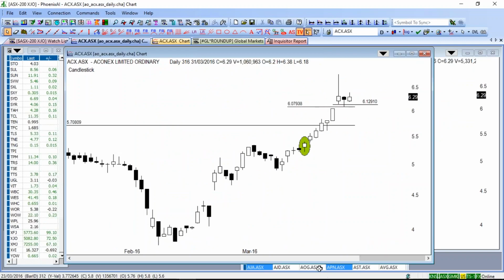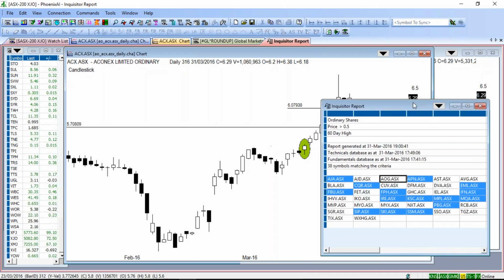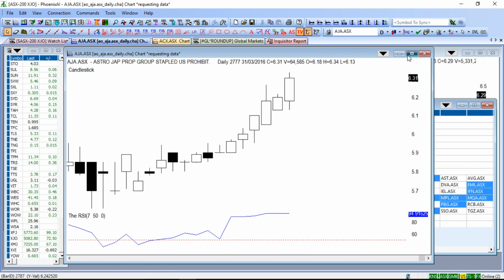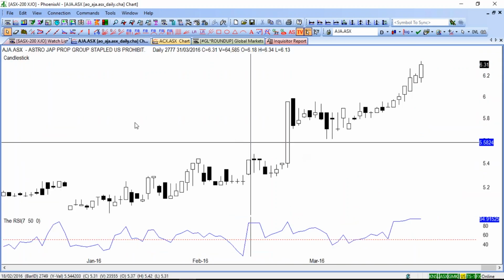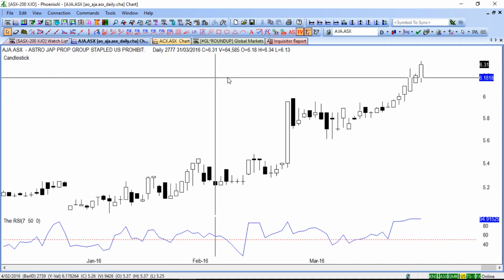Now, very quickly before I go, I was talking about the 60-day high. Just as an example, you can pencil these down. This is today's list of 60-day highs. And the reasoning for 60-day highs, this is Astro Jap Prop Group something.